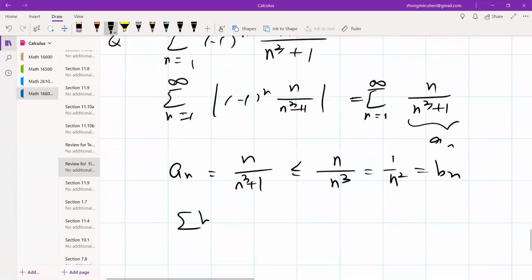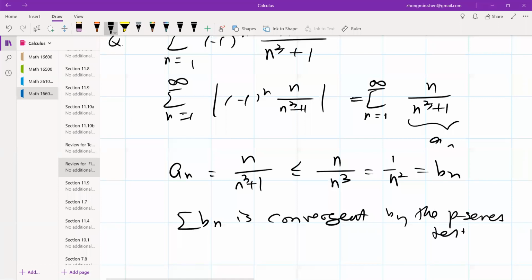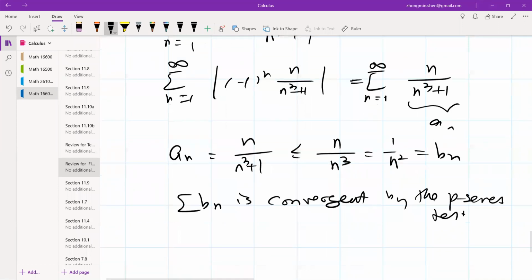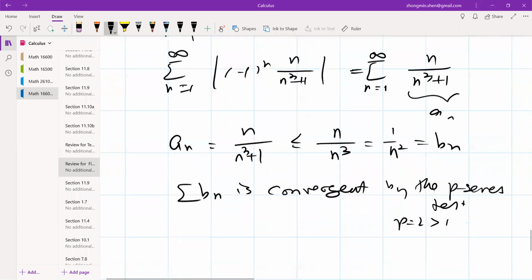Okay, since bn is convergent, you can say by the P series test, and the P is 2, greater than 1.